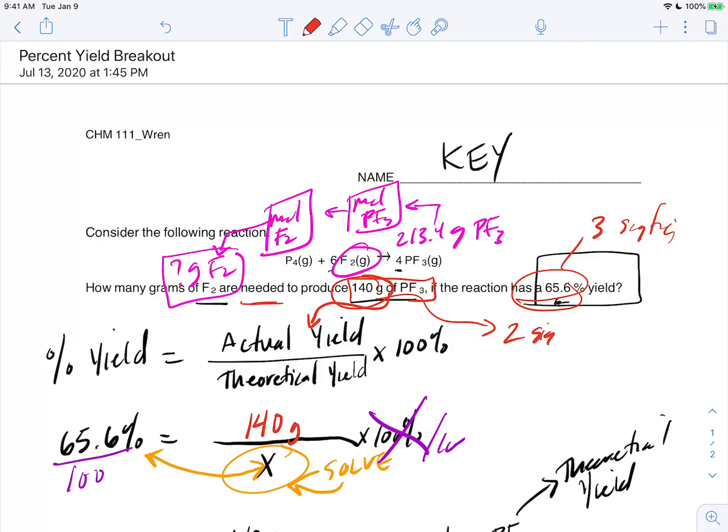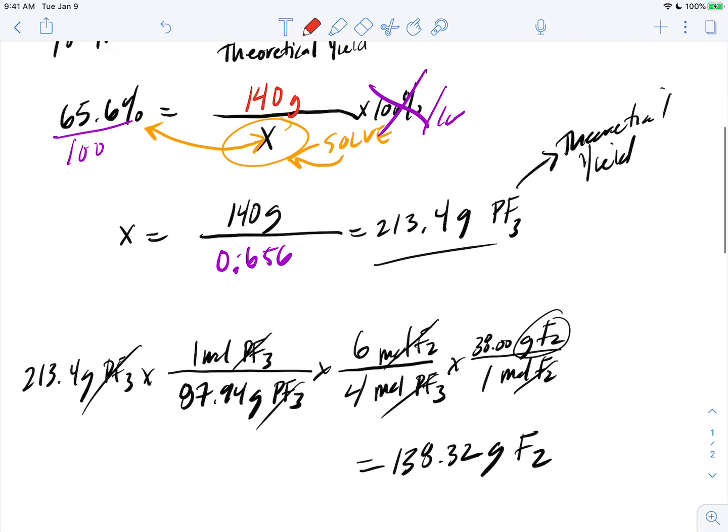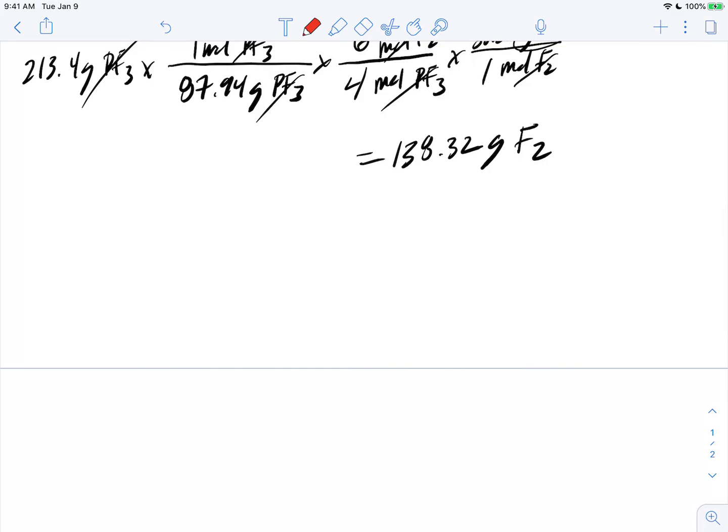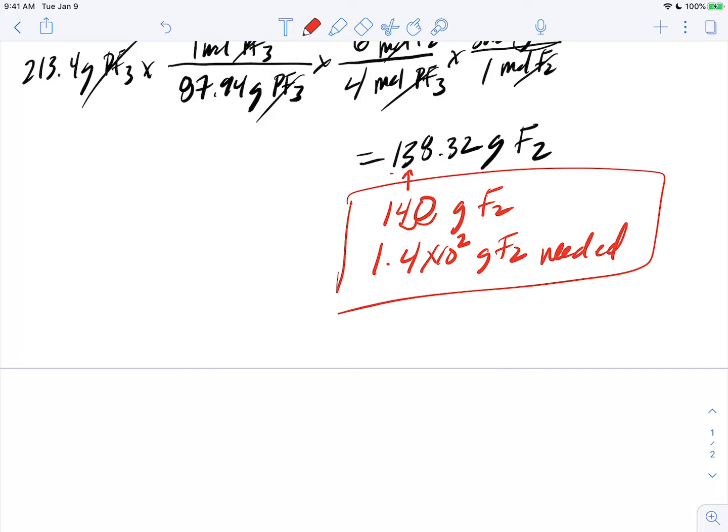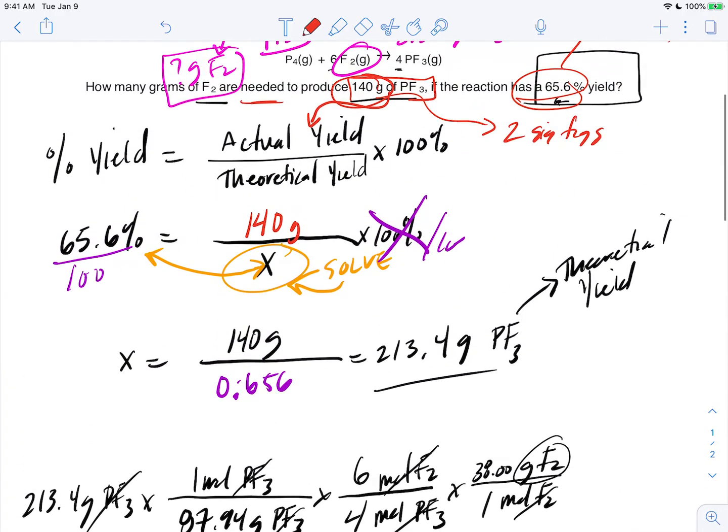So because of that, I have to stop at 2 sig figs, so I have to make this 140 grams of F2, or 1.4 times 10 to the 2 grams of F2. Either one works, and in both cases that is how much we need. So that's how you solve that breakout problem.